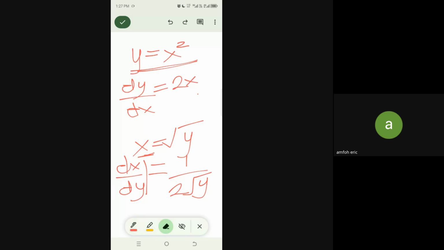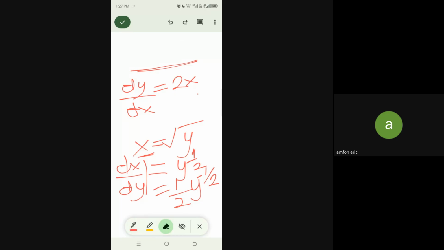Madam, I think that is where we have the confusion. How do we come by 1 on 2 root y? This one you can rewrite as y to the power 1/2. When you differentiate it, you get 1/2 y to the negative 1 on 2. That is all that we were doing.